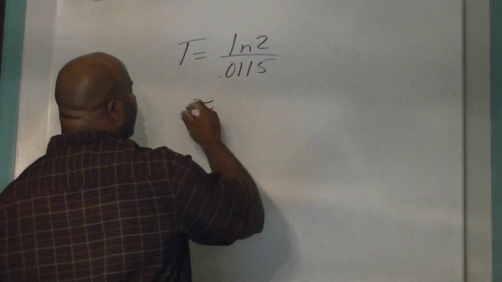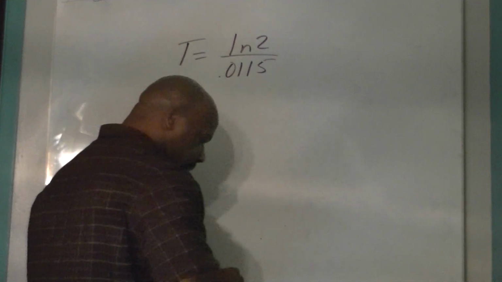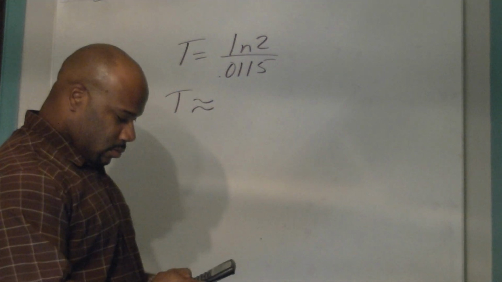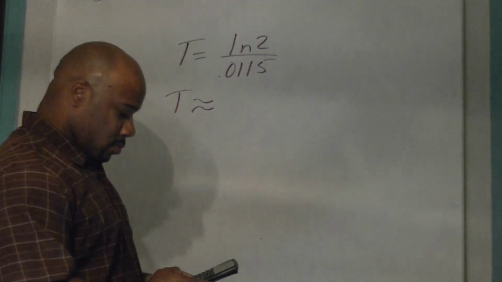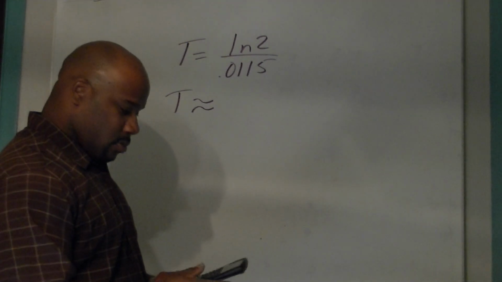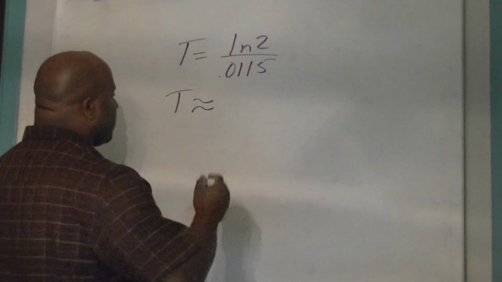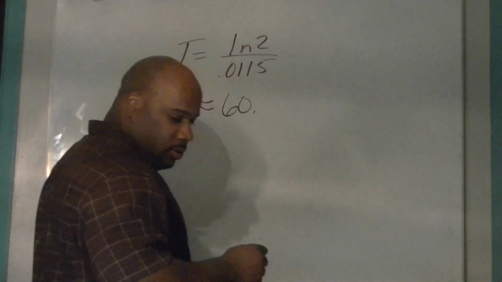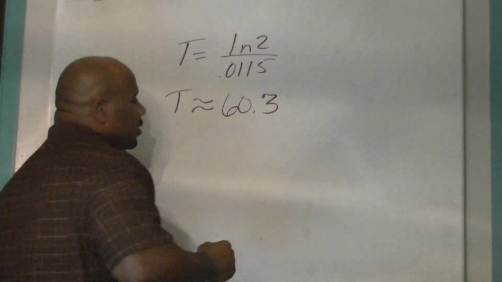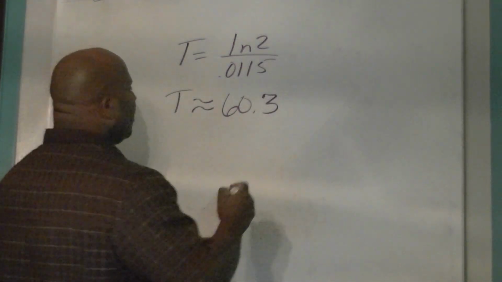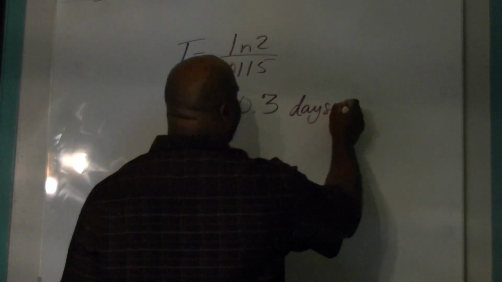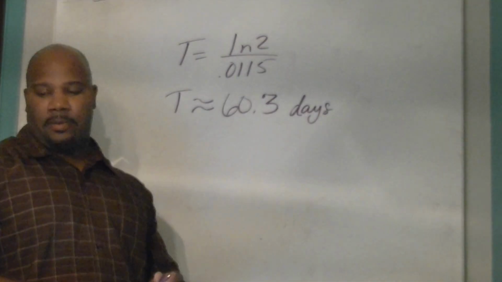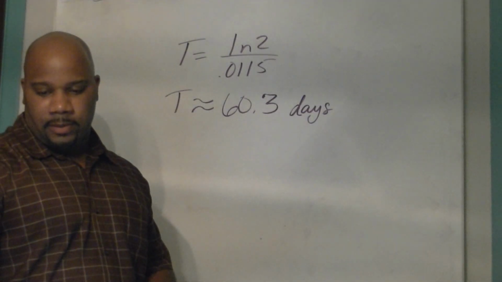So T is approximately 60.3. We'll round it to the nearest 10th. So T is approximately 60.3, and our time is in days, so days. Okay? So that's how you do that one. It's pretty simple. Just use those formulas that's right on the top of your paper.